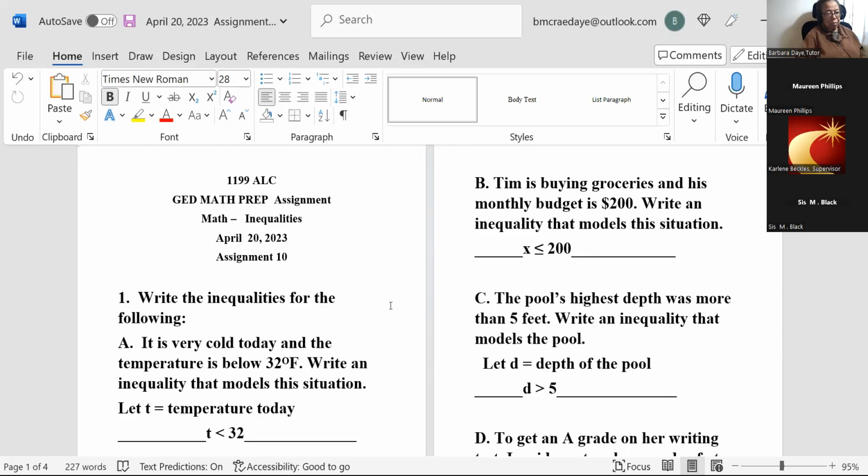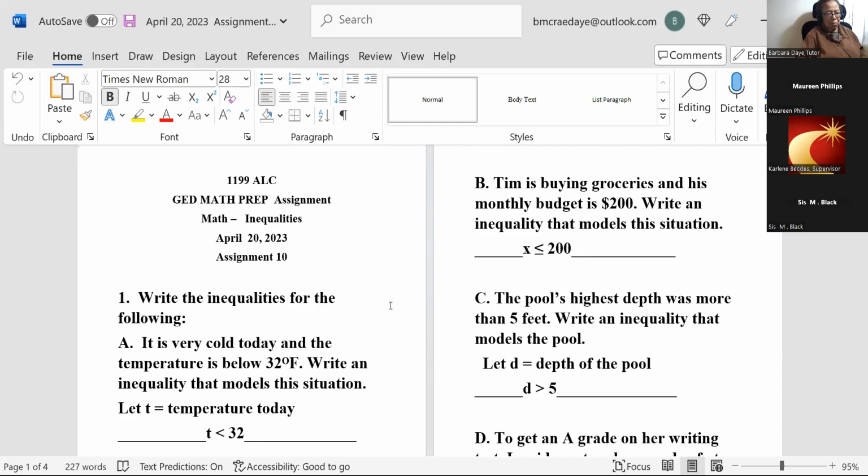A says, it is very cold today and the temperature is below 32 Fahrenheit. Write an inequality that models this situation. Let T equal temperature. So T equals temperature, that is the 32.